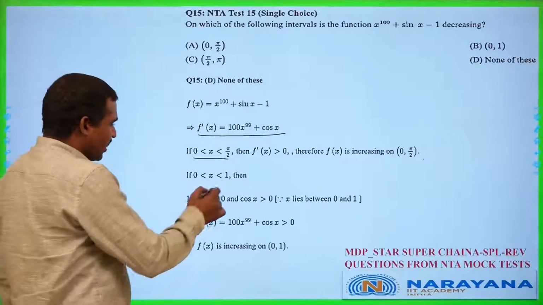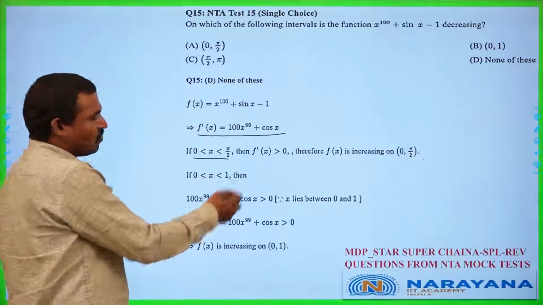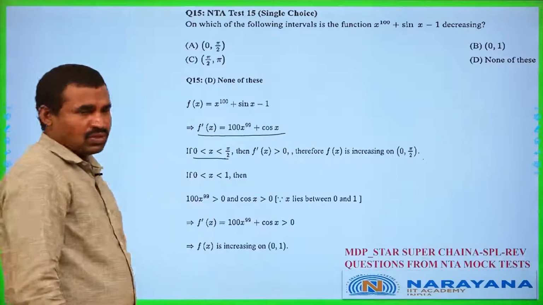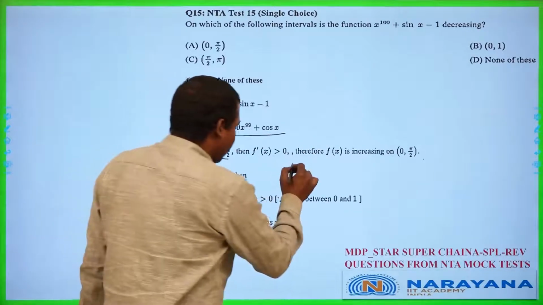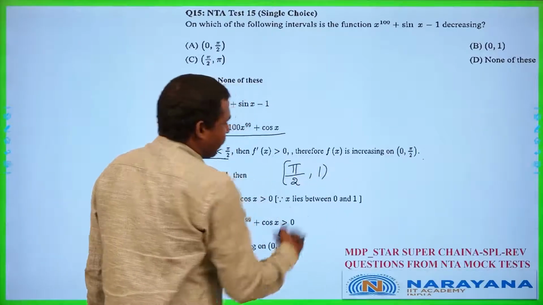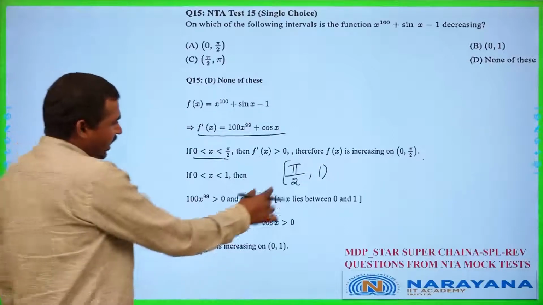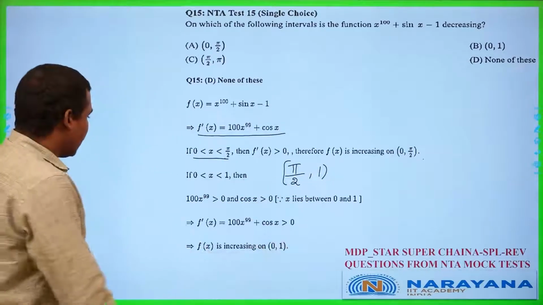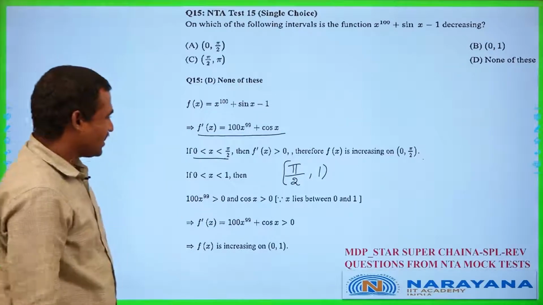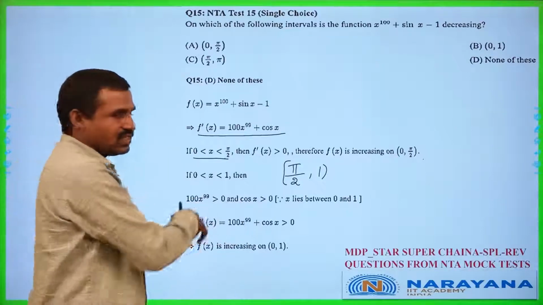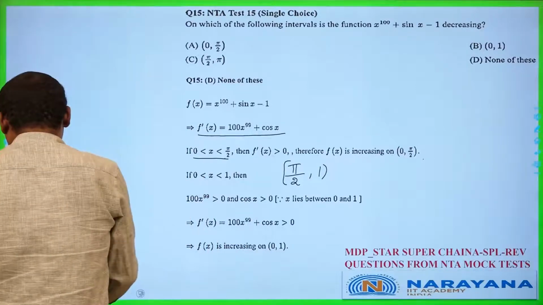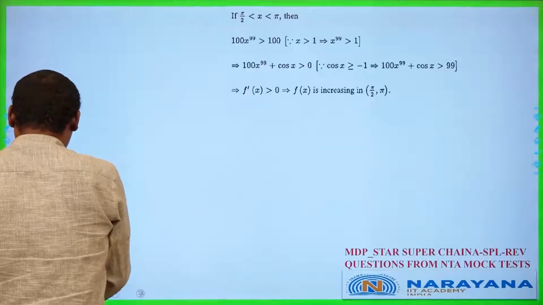And if you take the interval 0 to 1, already in 0 to pi by 2 f dash x is positive. Now take pi by 2 to 1. Clearly in this interval, 100 x power 99 is greater than 0, and cos x, since x lies between 0 and 1, is also greater than 0.